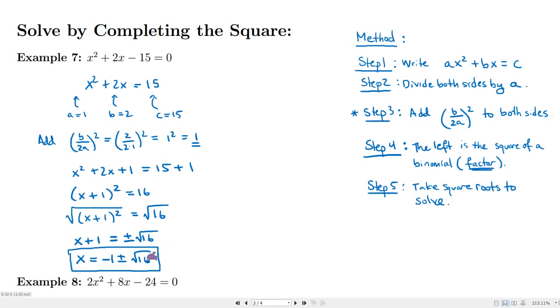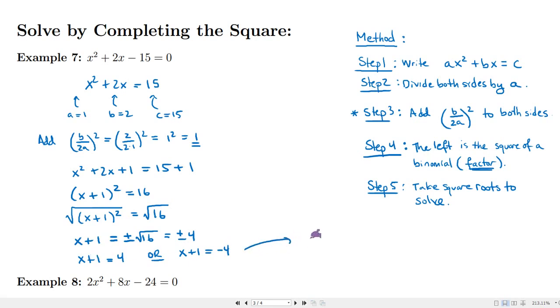But you could simplify this, right? And it probably would be better to fully simplify that instead of boxing it, I guess. Because we know that root 16 is 4. So this is plus or minus 4. So we have x plus 1 is equal to 4, or x plus 1 is equal to minus 4.